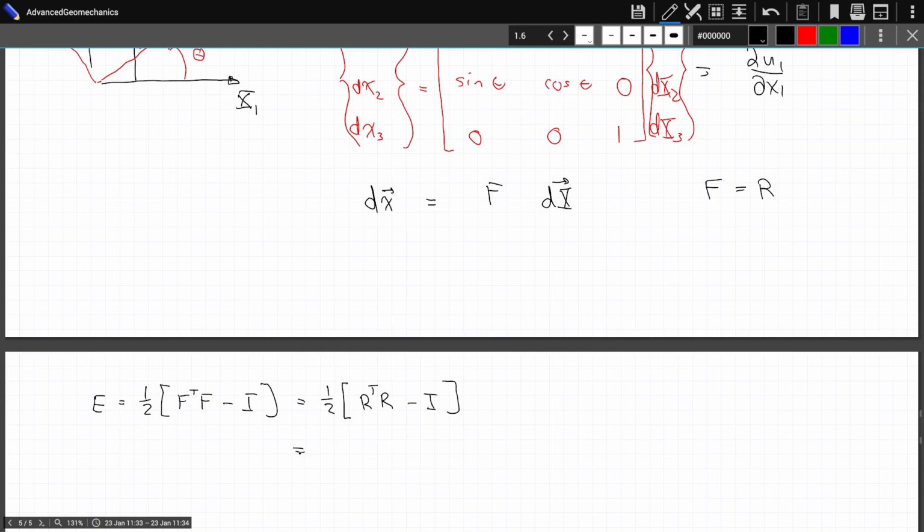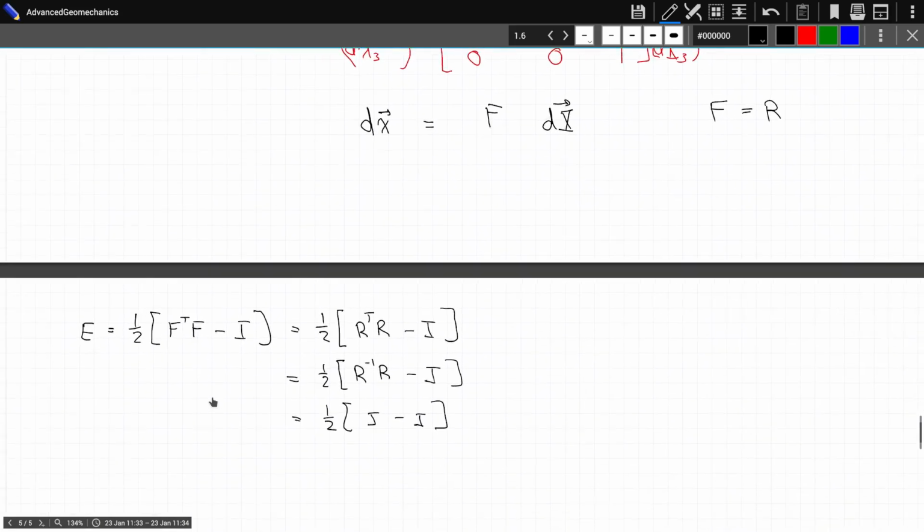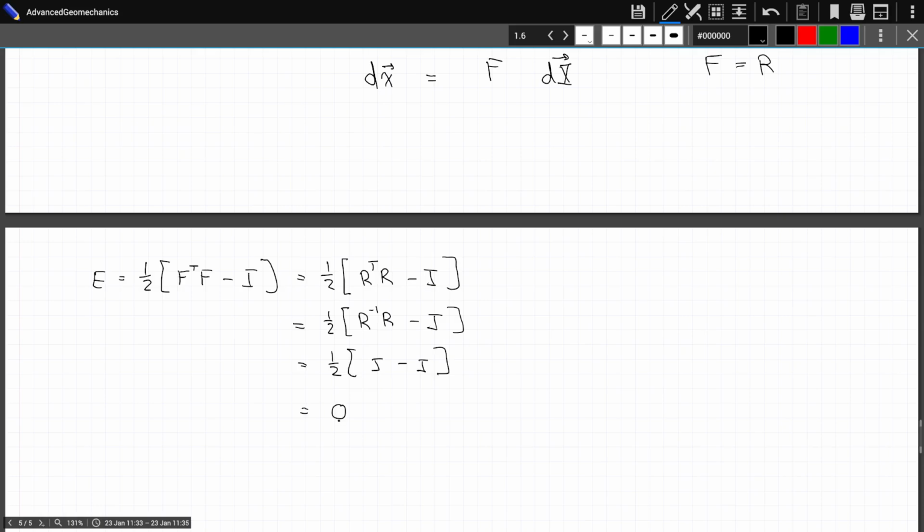It means that its transpose is its inverse. Any unitary matrix, the transpose is the inverse, right? So now I can write 1/2 (R inverse R minus I). What is R inverse times R? I. So that's 1/2 (I minus I), or the zero tensor.